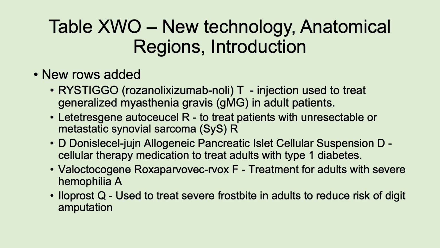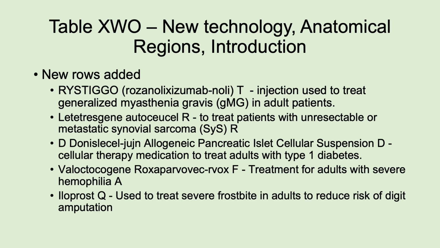The next one is Doncilocicil June allogeneic. This is interesting. This is a cellular therapy medication to treat adults with type 1 diabetes. So you always think of diabetes with insulin, but this is something completely different. Next one is valoctocogene roxaparvovec.